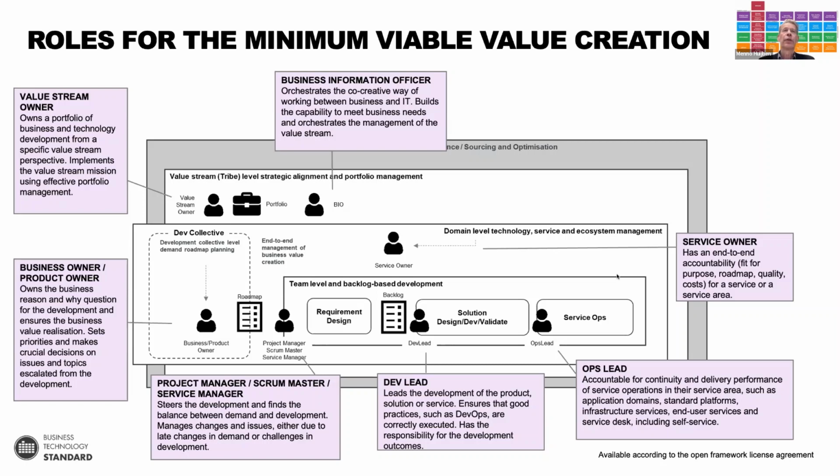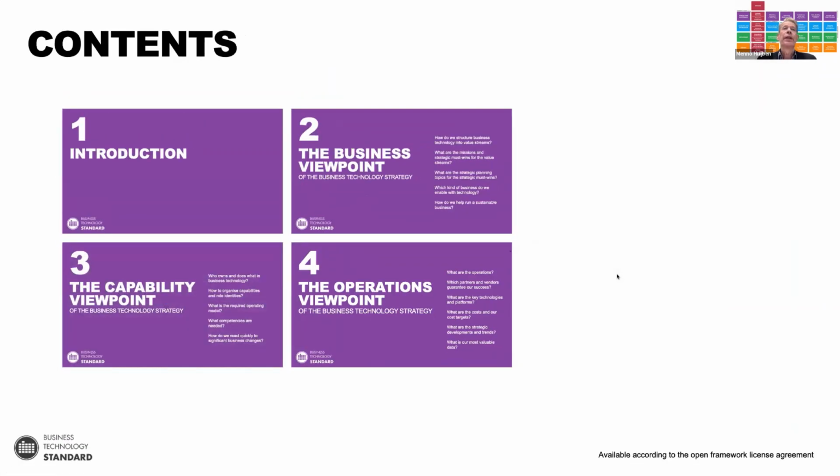The business and product owners come up with the roadmap, and then the project managers take that roadmap and turn it into a project or a DevOps activity, run a backlog and make sure that at the end the value gets delivered. So that was on the capability side, the key slides I wanted to show.